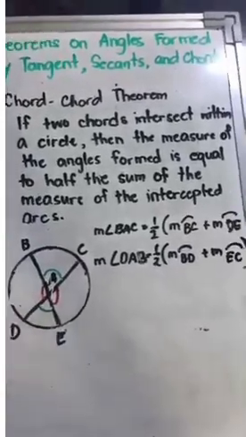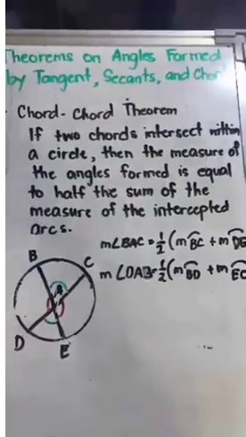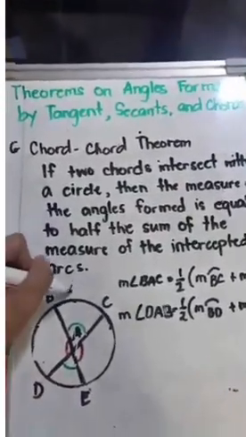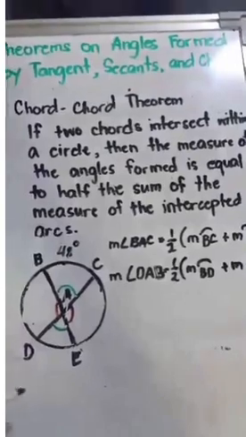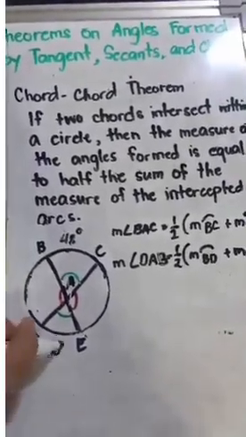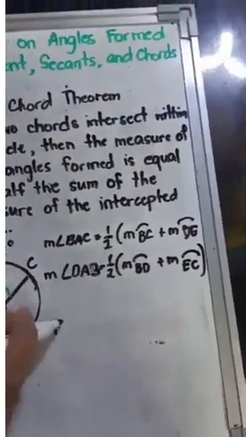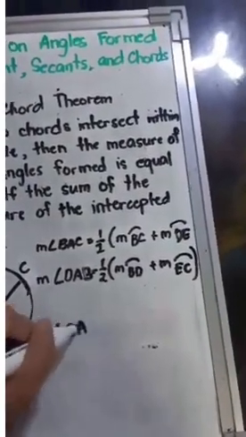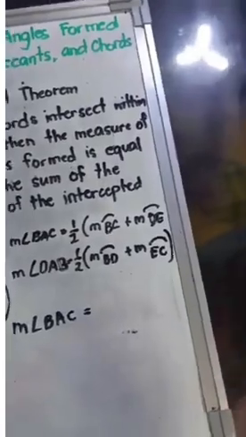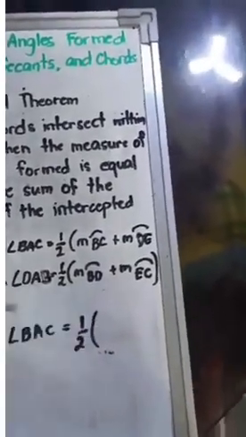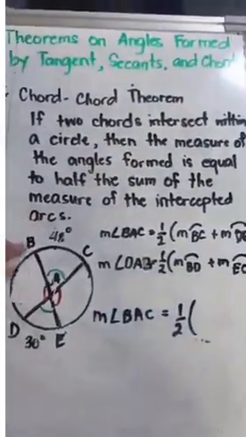So, let's have an example. If the measure of arc BC is 48 degrees and the measure of arc DE is 30 degrees, let's find the measure of angle BAC. The measure of angle BAC is half of the sum, so we need to add.